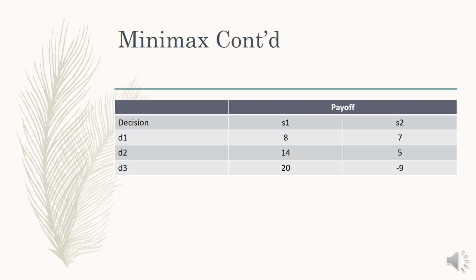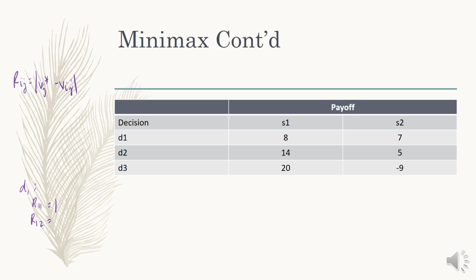So let's start with D1. D1 is going to have R11 and R12. I'll write the formula up here in case you forgot it: R sub ij is Vj star minus Vij. So for R11, if you look in state 1, what is the profit corresponding to the best decision for that state?